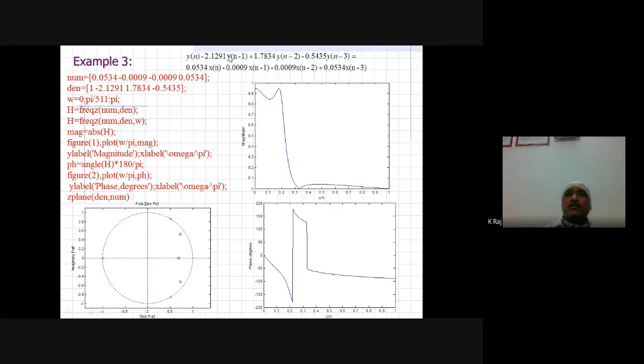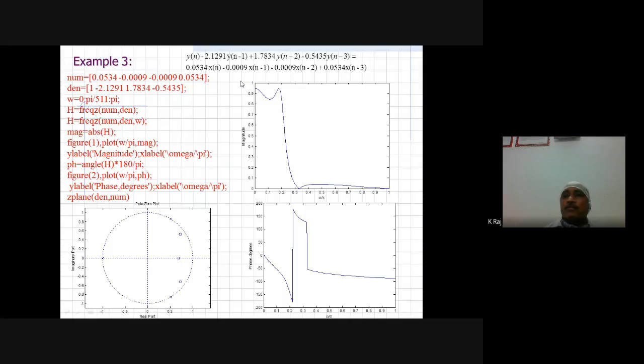Say Yn is the response of a filter given in terms of Xn and Yn: Yn minus 2.1291 Yn minus 1 plus 1.7834 Yn minus 2 minus 0.5435 Yn minus 3 is equal to 0.0534 Xn minus 0.0009 Xn minus 1 minus 0.00009 Xn minus 2 plus 0.0534 Xn minus 3. This is the difference equation in the time domain.